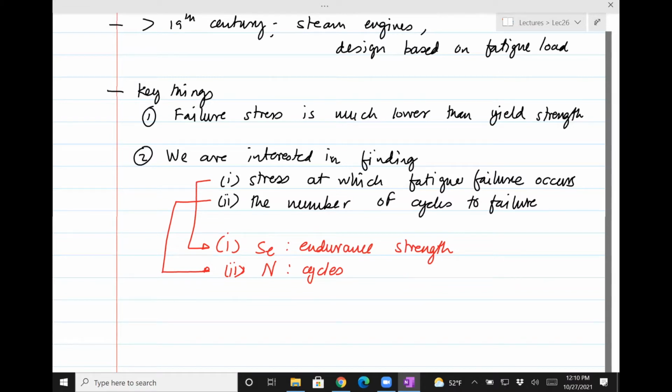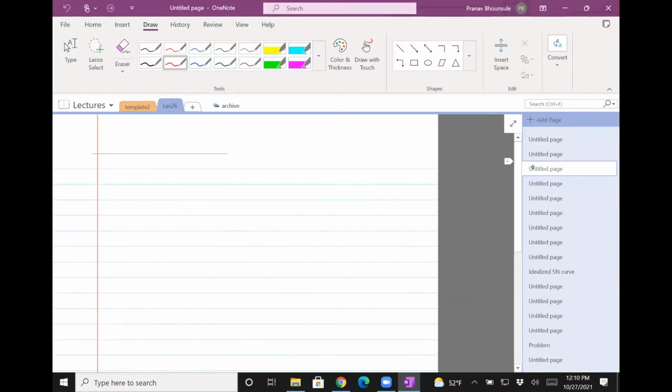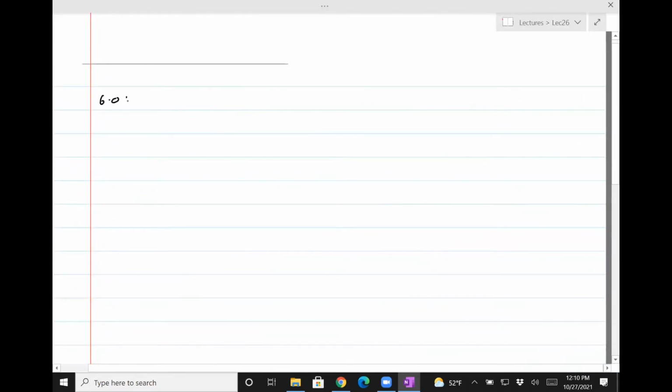Okay, so that gets us to different ways of predicting the life of a material when subjected to cyclic loads. So there are three methods. Fatigue life methods.